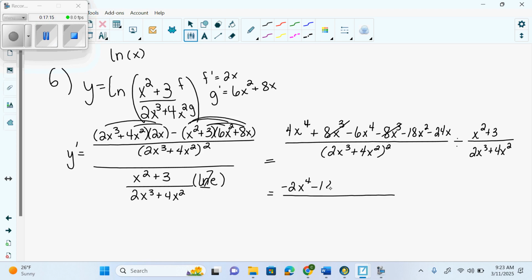Minus 18x squared minus 24x all over 2x cubed plus 4x squared, squared. And then multiply by the reciprocal, correct? 2x cubed plus 4x squared. That one cancels off one of those.